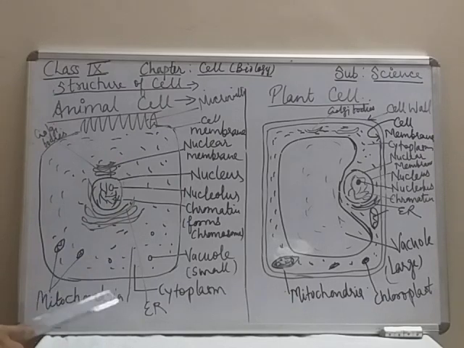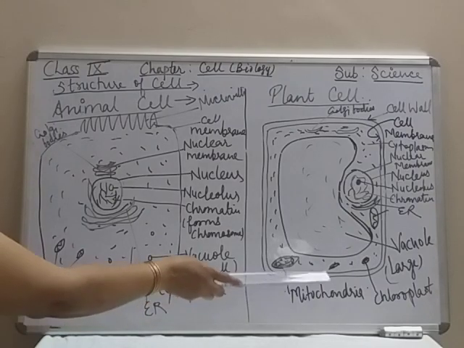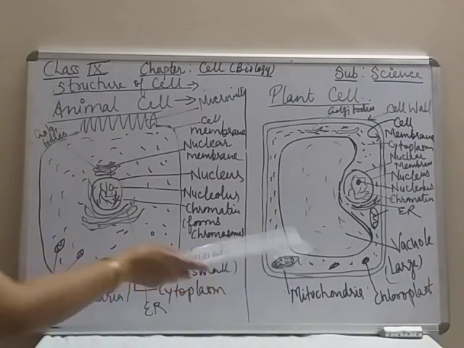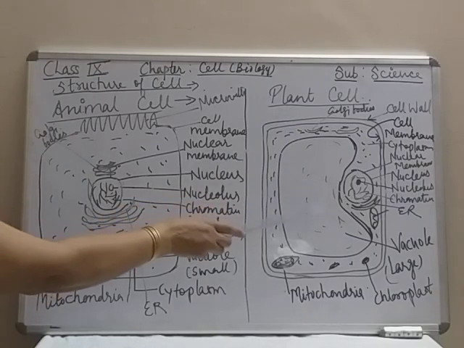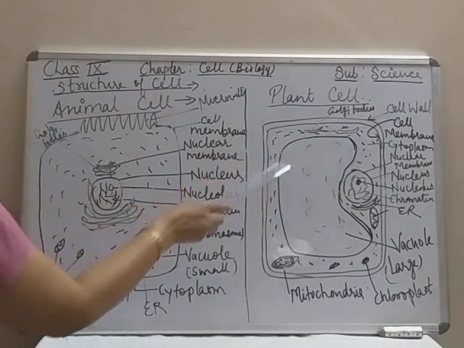Mitochondria are numerous in case of animal cell, but mitochondria are usually fewer in number in case of plant cell. Nucleus is generally central in position in animal cell, but in case of plant cell, nucleus is eccentric due to presence of a large vacuole.